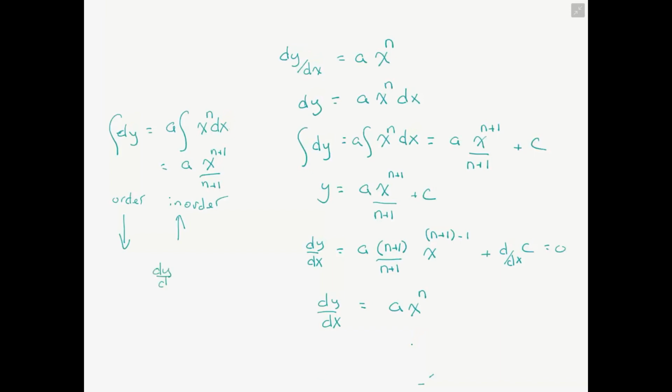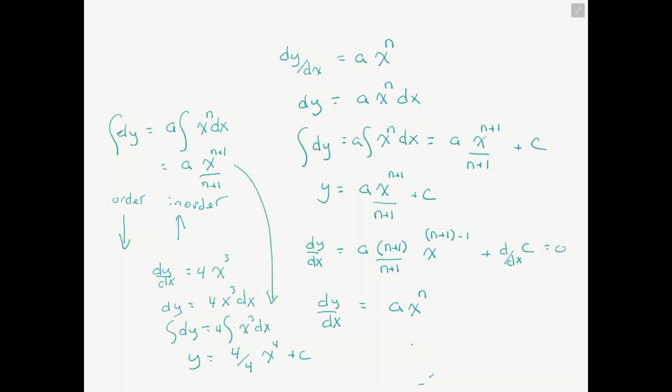So in other words, if we have dy dx equals, let's say, 4x to the third, then dy equals 4x to the third dx, and then we do our integration. y equals 4 over 4 x to the fourth plus c.